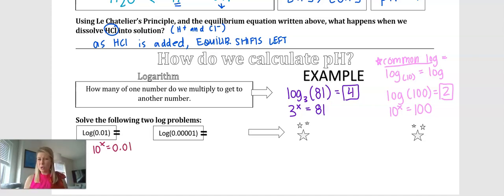Now, this is a little weird because if you notice, in order to get to a value that's less than 1, we're no longer working in positives, we're working in negatives. So 10 to what value gets us to 0.01? The answer is that it's going to be -2. So our log here would be -2.